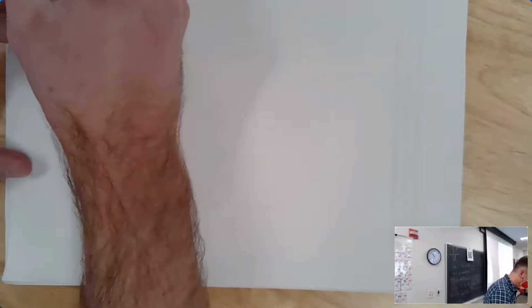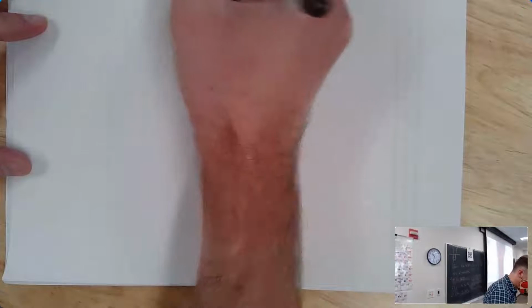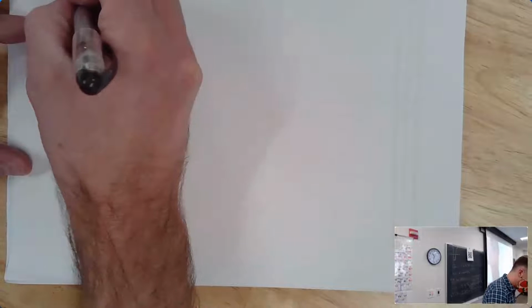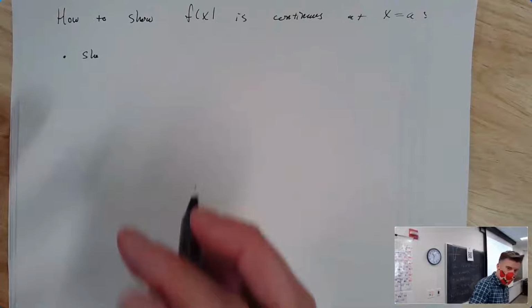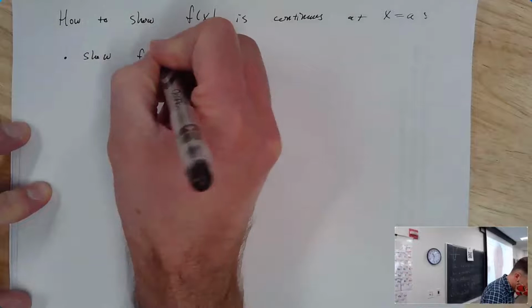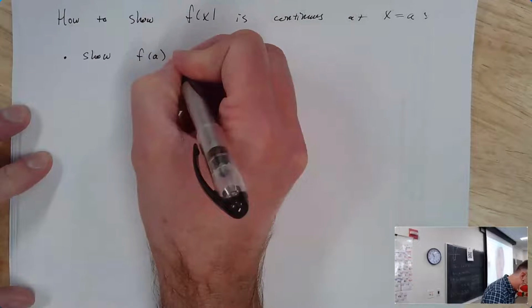So, how to show f of x is continuous at x equal to a. Step 1: the f of a exists.